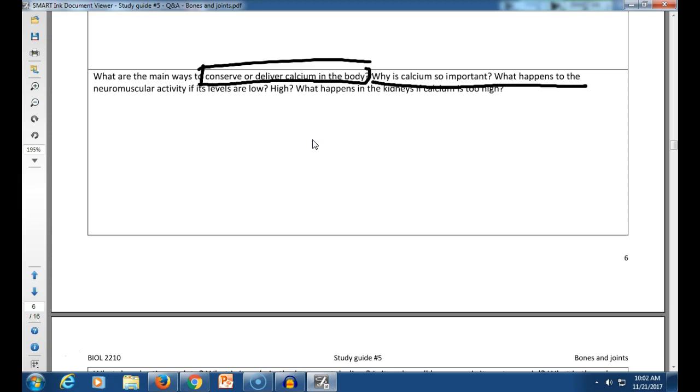Calcium is important because it regulates signal transmission. So if the levels are low, in general, what happens to muscular activity? It decreases. Oh, it actually goes up, which manifests in seizures, spasms, and irritability.